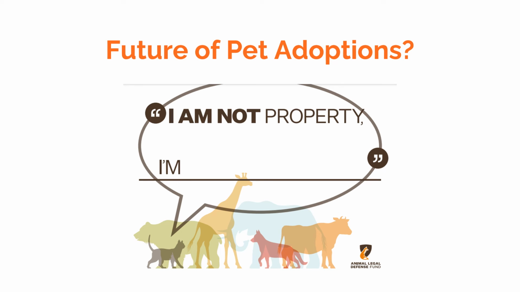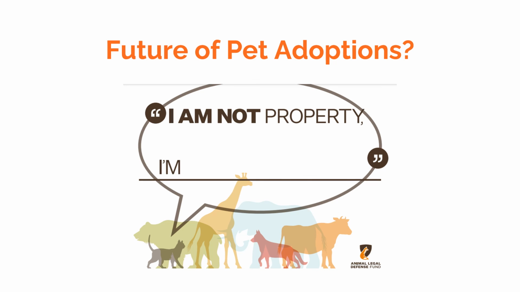Finally, I do just want to point out that there are multiple organizations in the United States that are pushing for pets and other animals to not be considered personal property. One of those organizations is the Animal Legal Defense Fund.